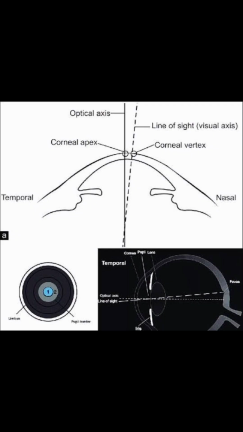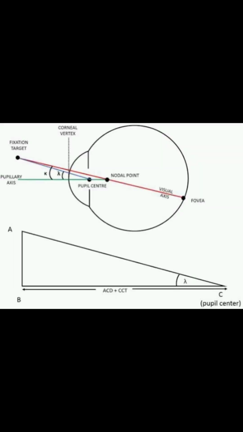But the angle between the visual axis and line of sight is so small that it's almost taken as the visual axis intersecting the cornea at the first Purkinje image. So it's very important to know.